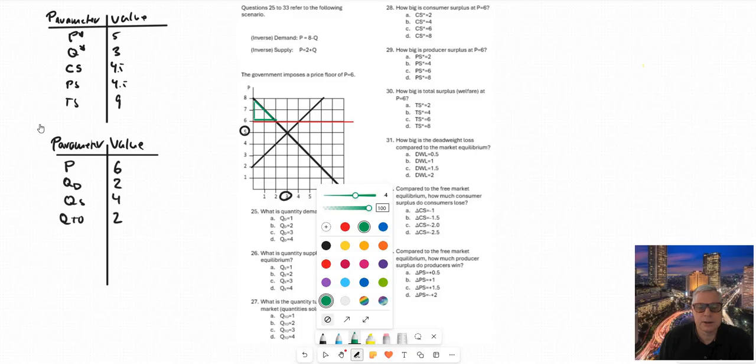This area is 2 times 2 over 2, so that's 2. And the producer surplus looks a little bit different. It's basically a combination of a triangle and a square in this case.